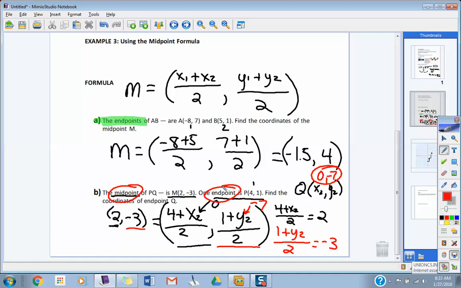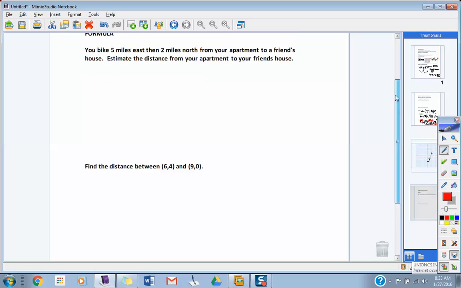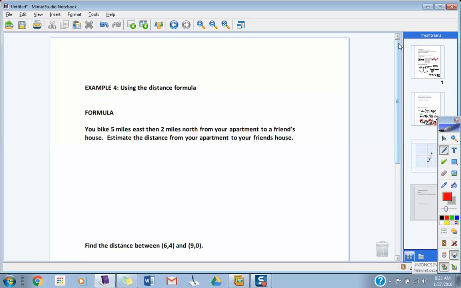Yes? Okay. So on your notes on the last page, and this is the last thing we need to start looking at, guys, using what we call the distance formula. Okay, distance formula. Let me ask some questions here.